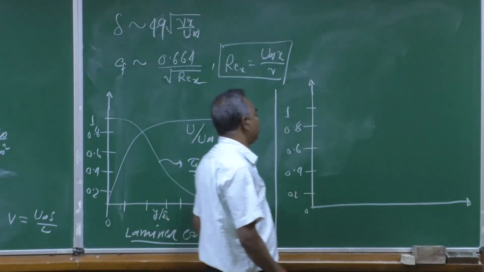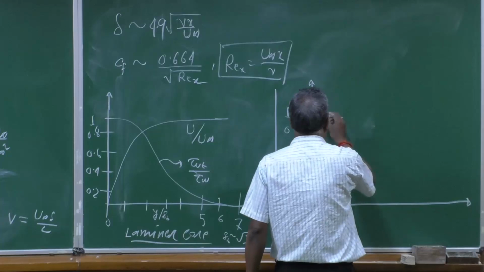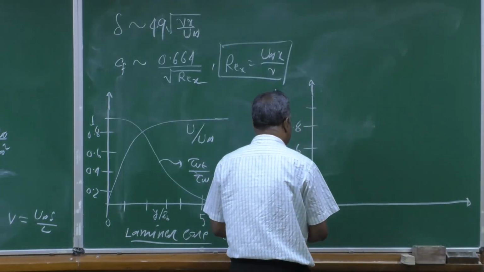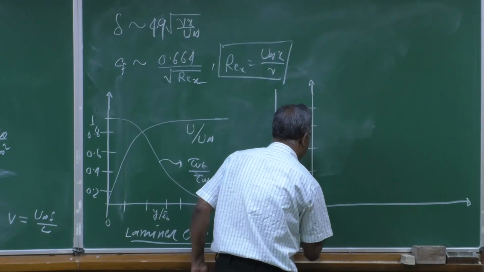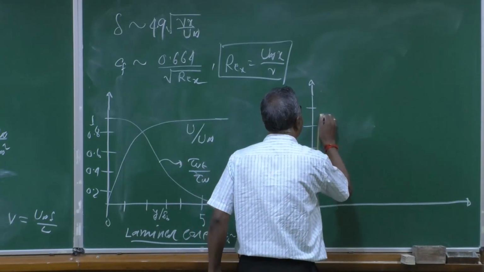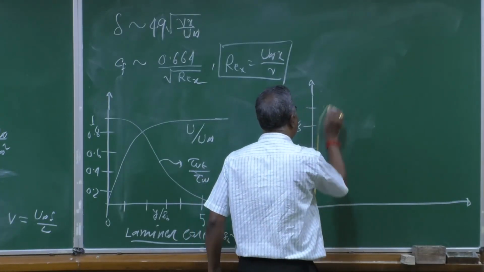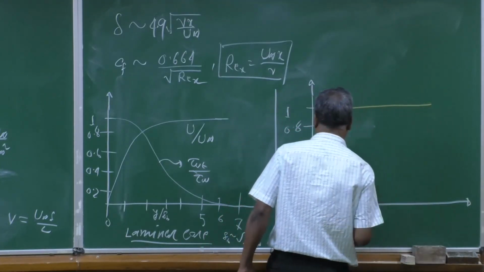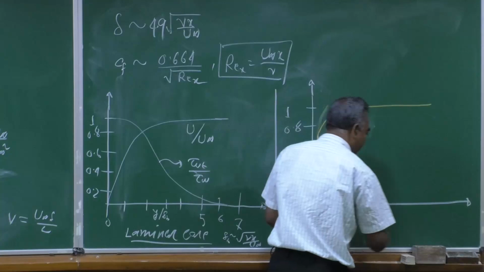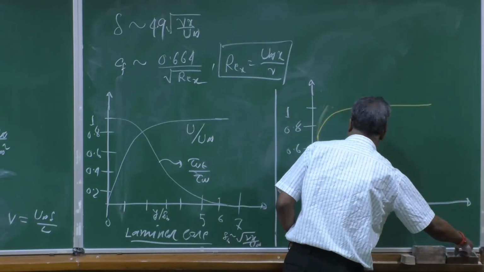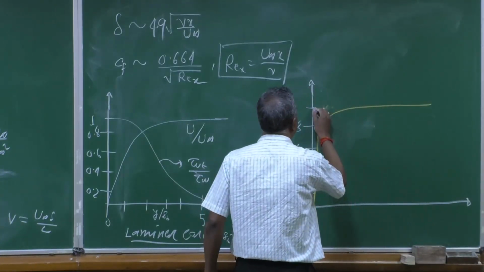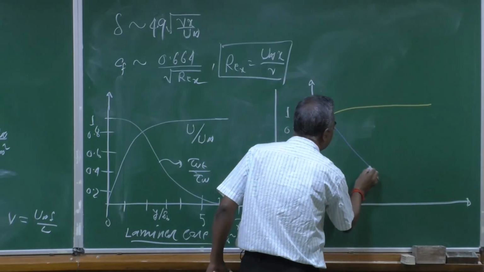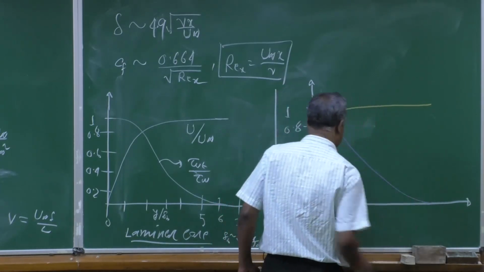In this particular case, if we plot the velocity profile, you will see the velocity profile is flatter close to the wall, like this. And if you consider the shear stress, it is going to change like this.